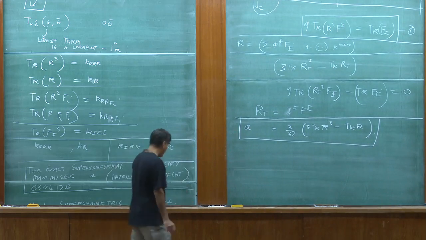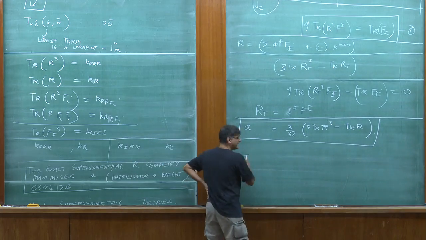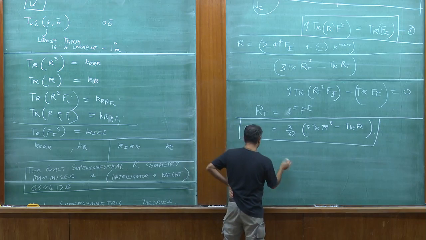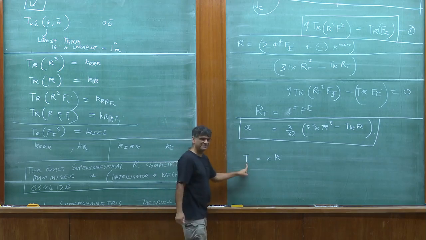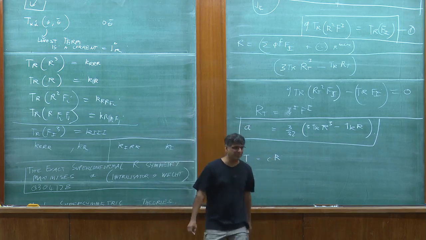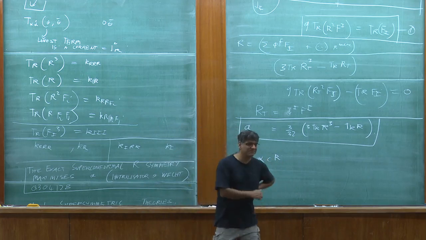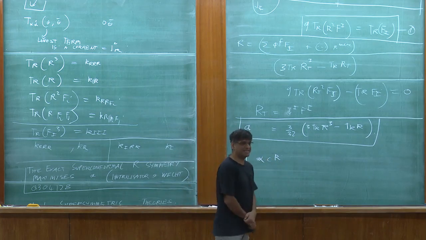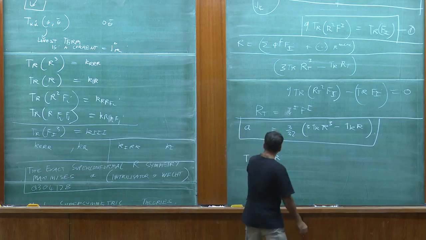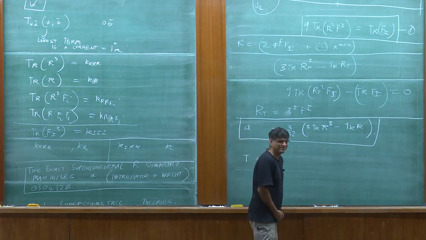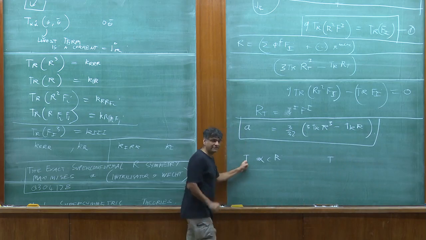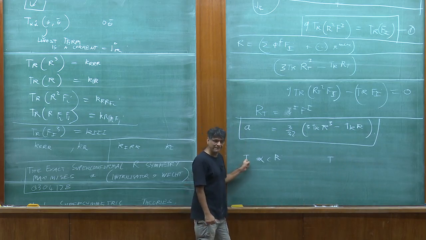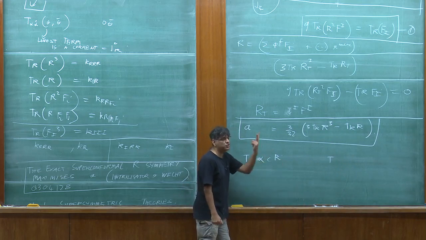In a two-dimensional CFT, all of you know that the trace of T is equal to c times R, proportional to some 12 or 24 or something. In a four-dimensional CFT, you can ask, what is the analog of this? In a two-dimensional CFT, the trace of the stress tensor is proportional to some scalar of dimension 2.